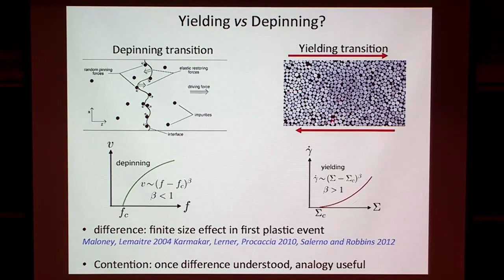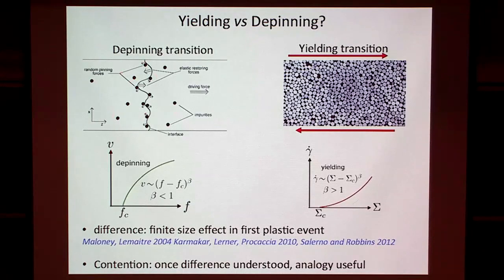Here I want to argue that it's not the case, and that's related to a curious behavior that you find in terms of finite size effects. If you look at a system like this, you can consider at which rate you trigger plastic events or avalanches, at forces below the critical force.